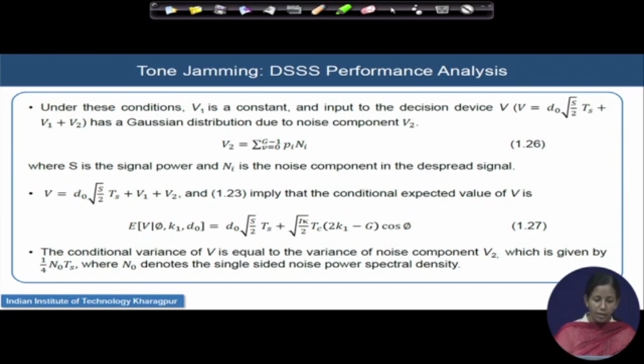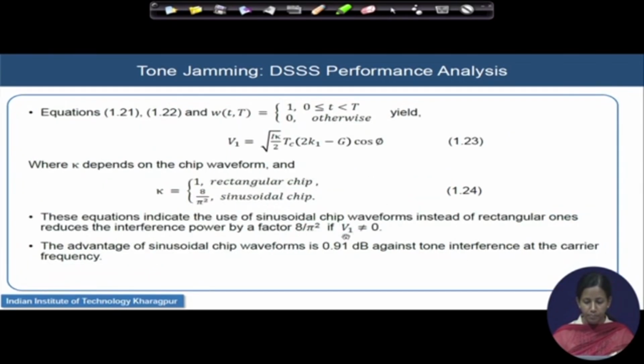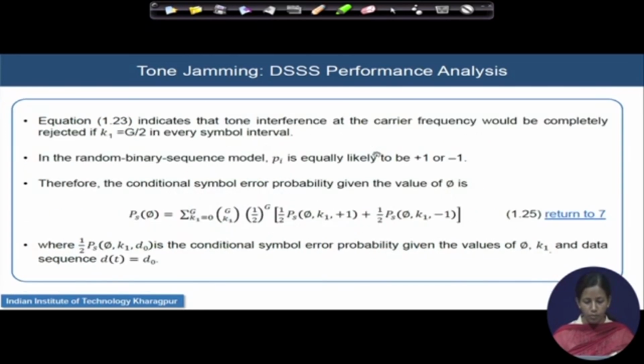So, we can write down V like this, and if I take into consideration 1.23, the equation we explained last time, 1.23 explains this zero section, and the expression for V1 is also obtained from 1.23.